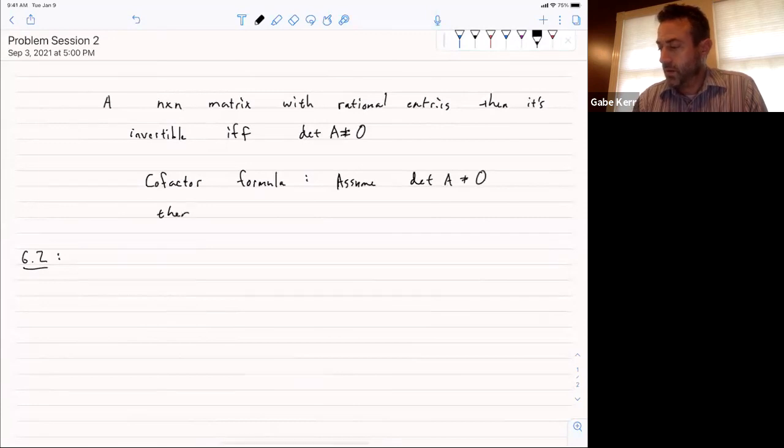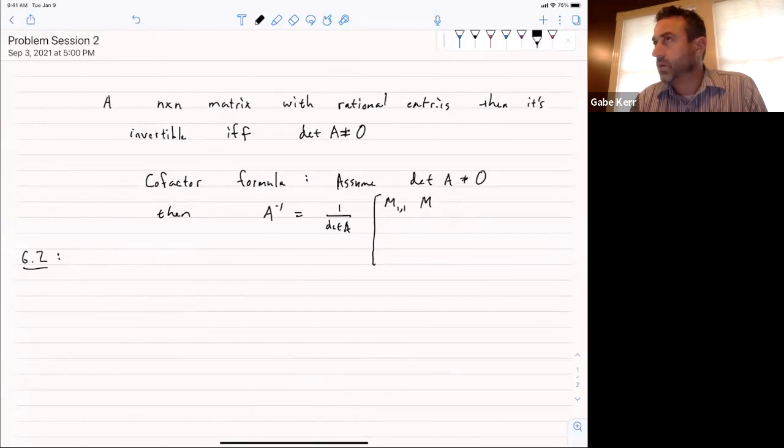Then A inverse exists and is equal to 1 over the determinant of A times a big n by n matrix where I put M11 here, and sorry, I think I want 2,1 here. I have to be sure that this is a transpose of what you would write here. And of course you have to put a negative sign and plus.